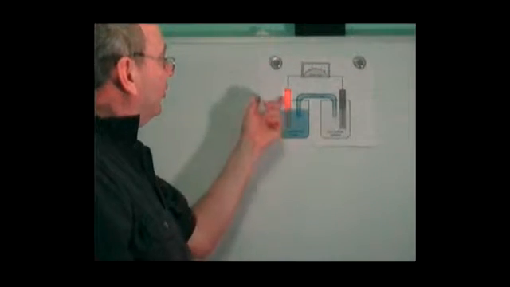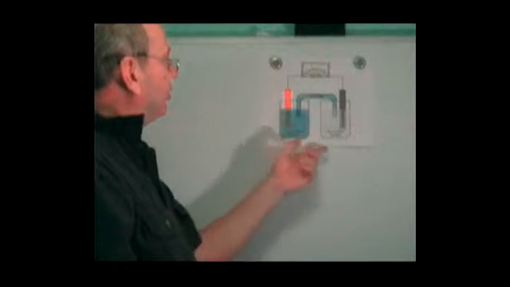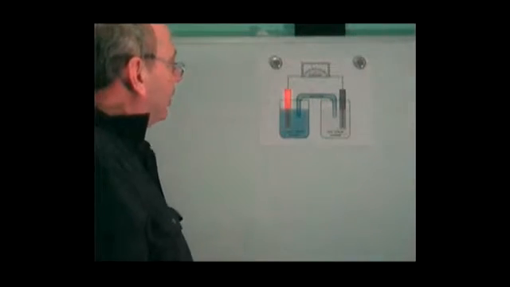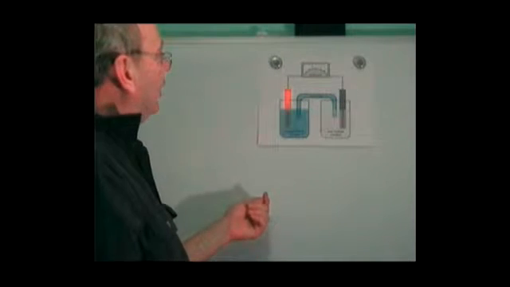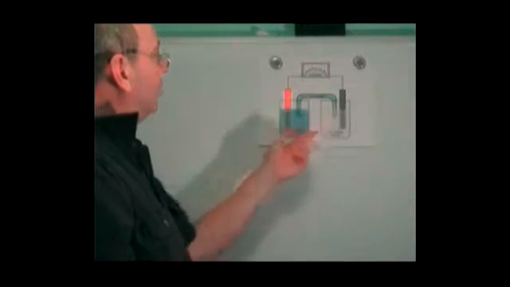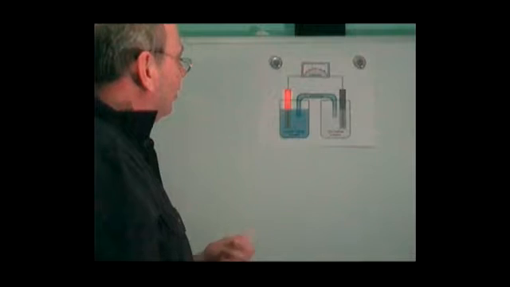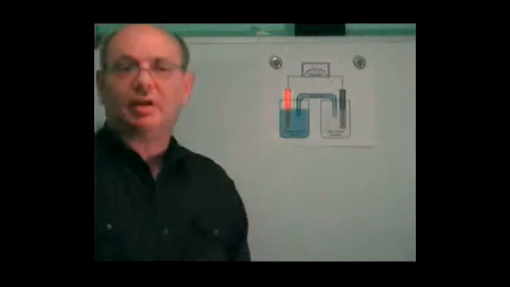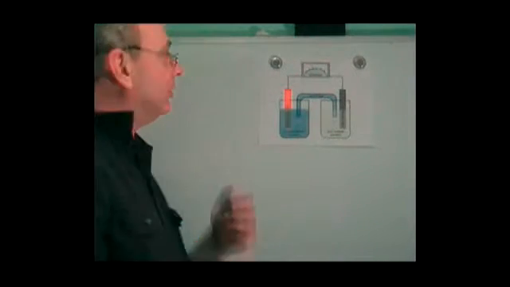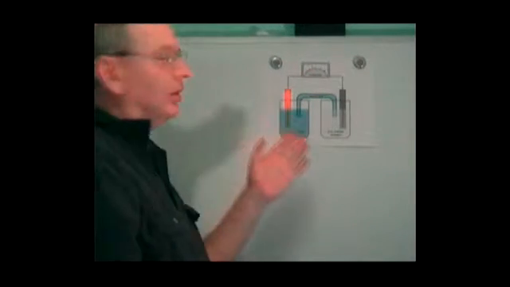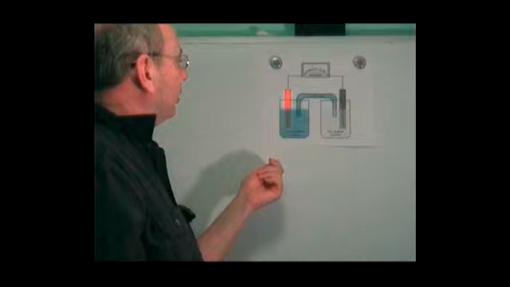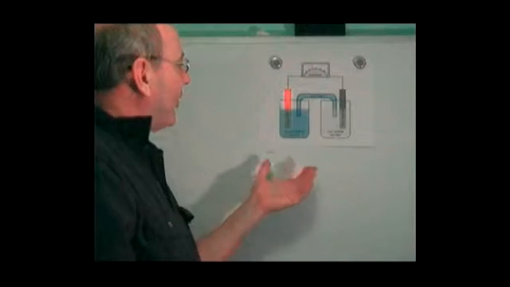Over here we have a copper electrode, and on this side we have a zinc electrode, and we have a voltmeter. Now they're using copper, but we're going to talk about this in the context of carbon as we go along, because it's more traditional than what you would see when you look at a battery.